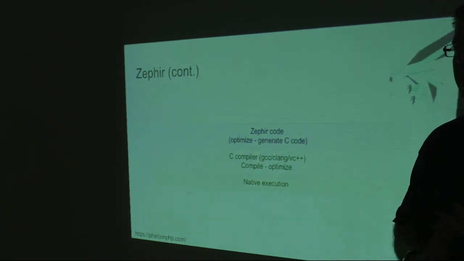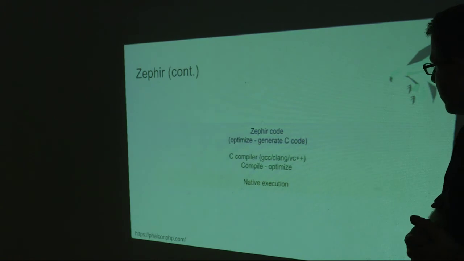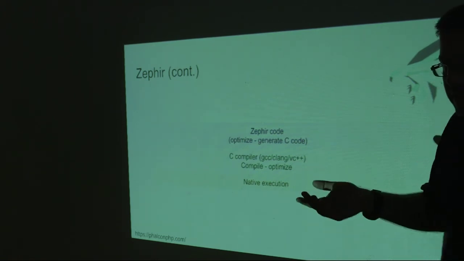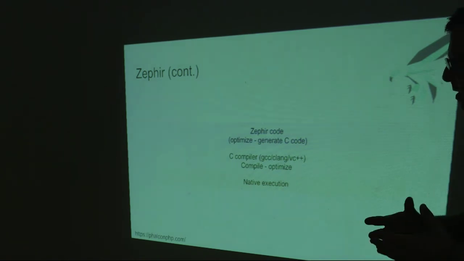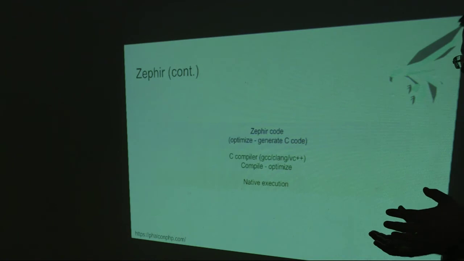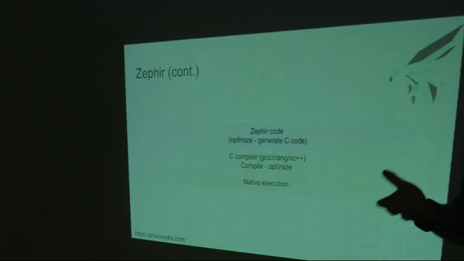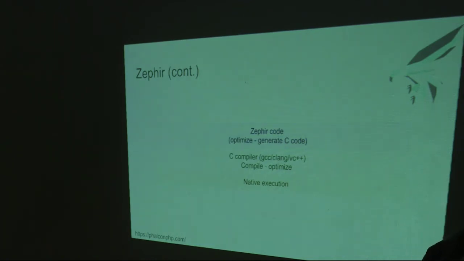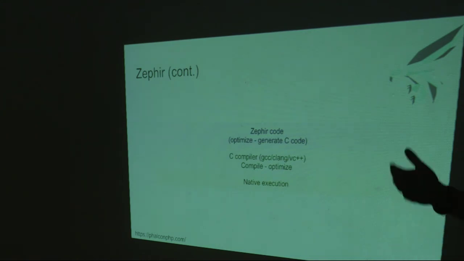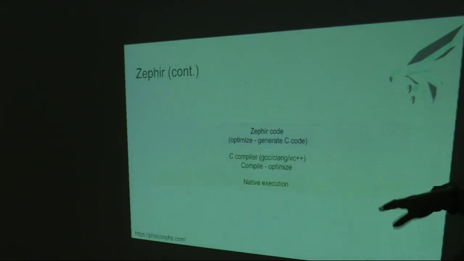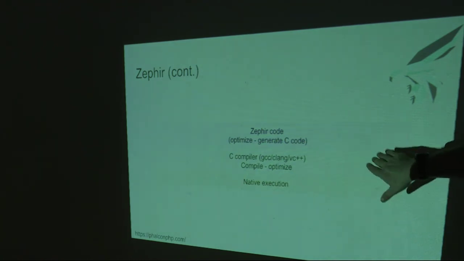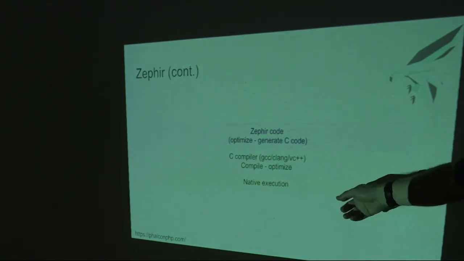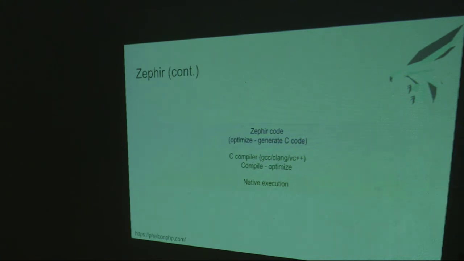GCC has been in Linux for decades, so it knows about optimization and all that stuff, and that's what Zephyr is trying to leverage by the output code, which is just text files that contain the C instructions. It sends them to the C compiler, which could be one of the three, and then that gets further optimized, and then you have the native execution of that. Okay.